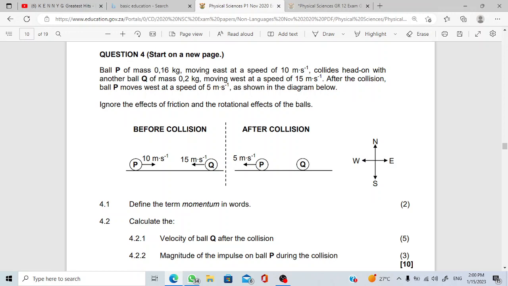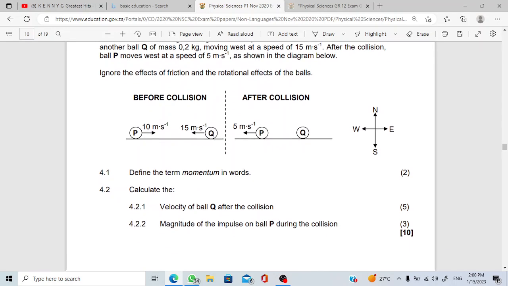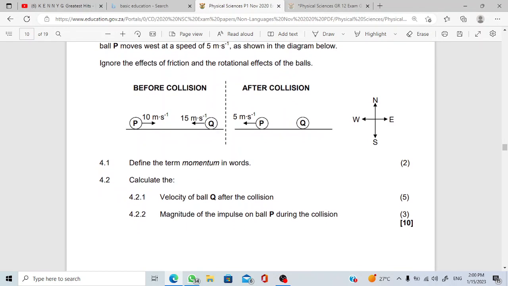You need to note that it is equal to the product of the mass of the particle and its velocity. So basically it's a multiplication of mass and velocity, and you need to also tell us that it's a vector quantity. I'm not going to write the definition down, but you need to know it. It's a free mark, this one.